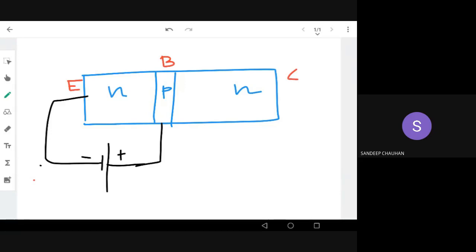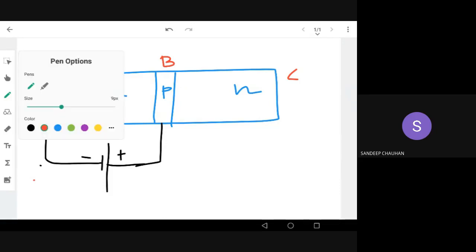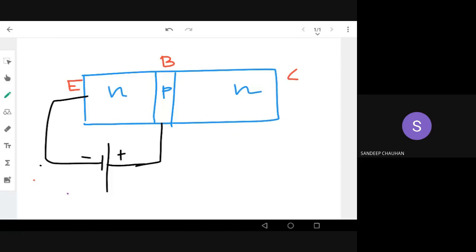Now, what about the other junction, the collector-base junction? That has to be reverse biased. So this P has to be given a negative voltage, and this has to be given a positive voltage. So this is reverse bias, right? Why am I giving reverse bias?